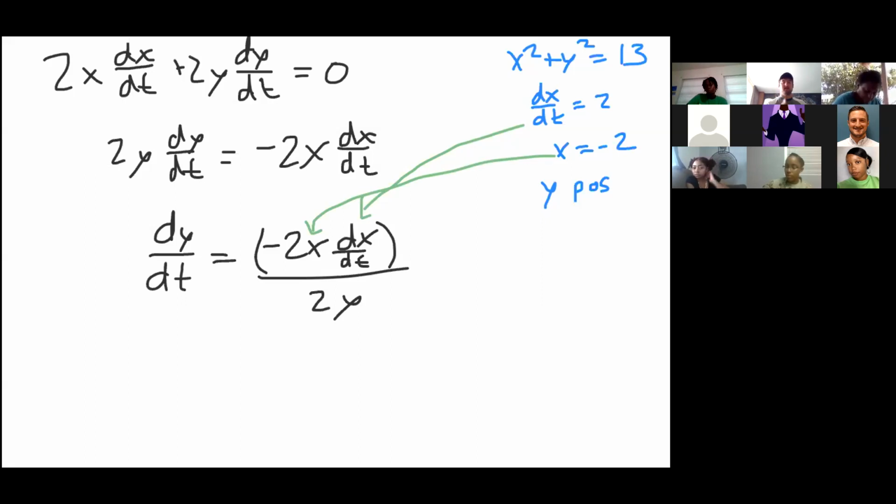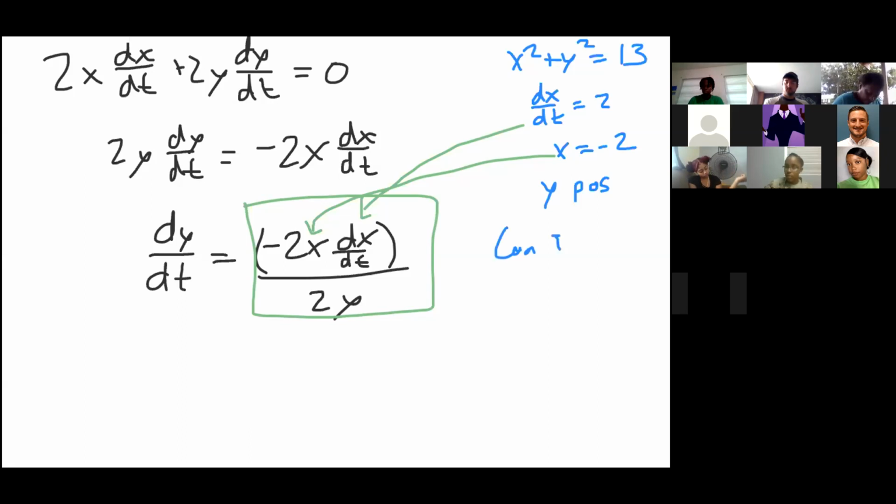What is the one value that I don't know yet? Yeah, I don't know y yet. But can I find y? I'm guessing yes. You guess correctly.